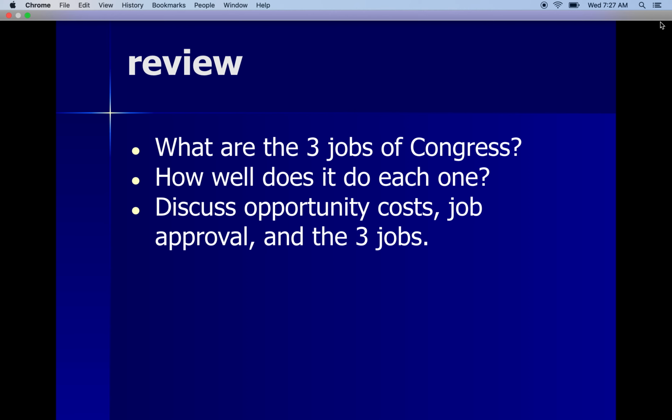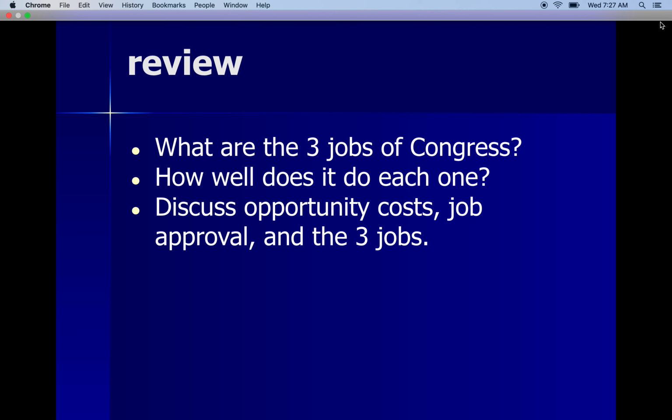So there's the questions. Opportunity costs. So, that's an interesting question. So let's say if they spend more of their time investigating, that means they spend less of their time lawmaking. All right. I think McConnell said sometime this week, you want to know why we kind of got caught not quite ready when COVID-19 hit?